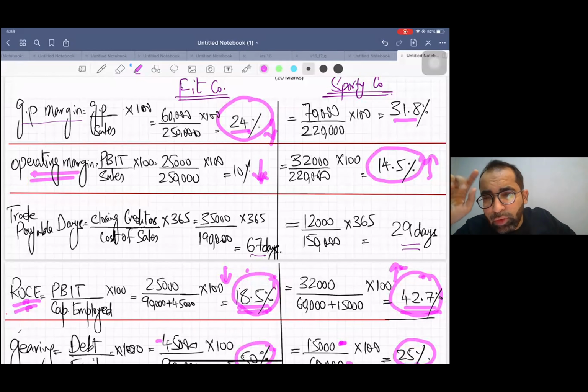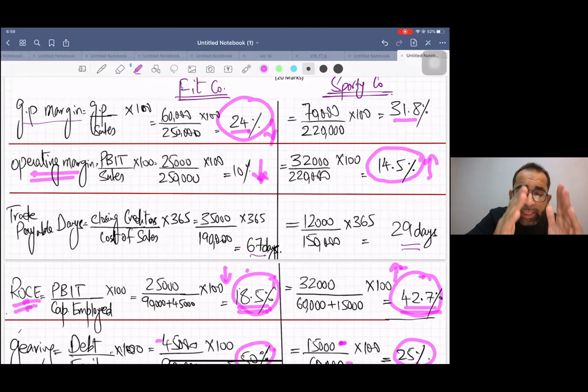Now one more thing, hope you remember I told you one formula. ROS is the product of asset turnover and operating margin. You remember I taught you today. So listen, the operating margin of Fit company is lower, that's why ROS is also lower.